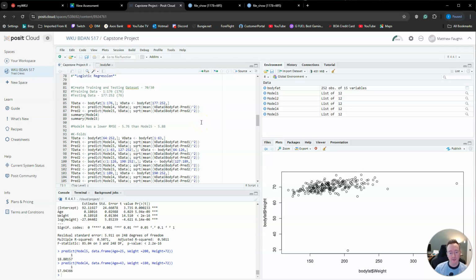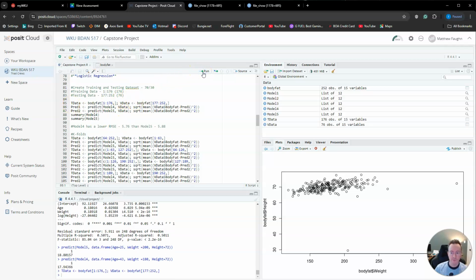Now I want to take a look at logistic regression. I wanted to use a 70-30 split for the data. So for the training data, I used 176, and then for the testing, we'll put in 76 of those. Running those through R, we can now put the models to test for prediction 1.